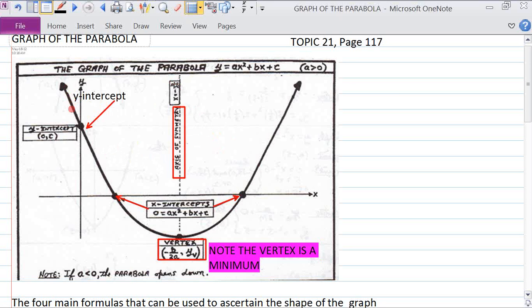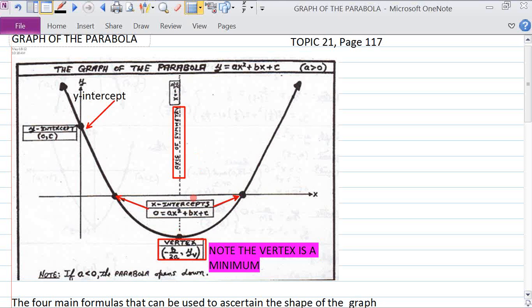If you imagine this to be sort of like a face, then the axis of symmetry, let's say we have a perfectly symmetrical face, would lie right down the middle of the nose. We would have ears here and ears here. And so the axis of symmetry is one of the identifying parts of a parabola.